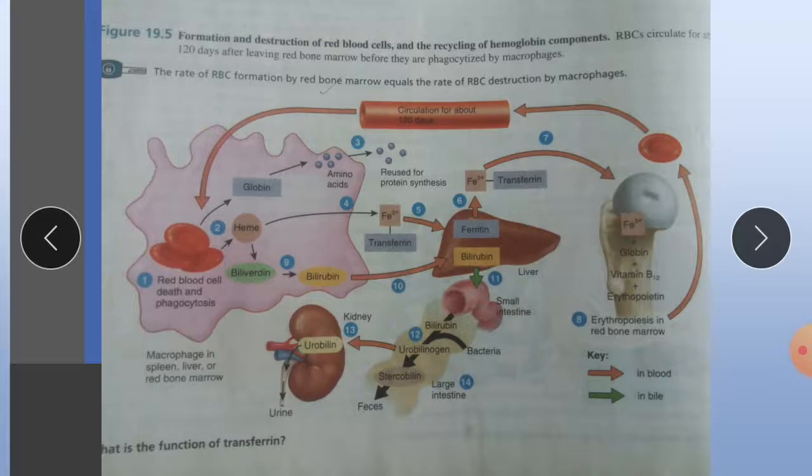What is the spleen? The spleen is the organ which regulates the clarification of our blood. This means if any pathogen is in our blood, it can be engulfed by our spleen. The spleen is nothing but the sanitary department of our blood.